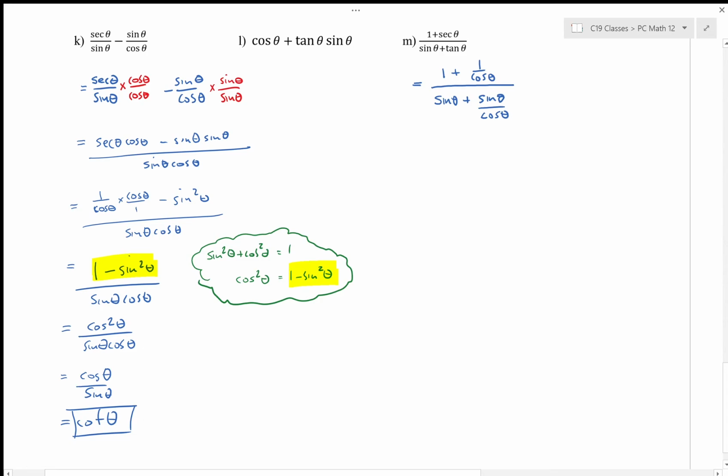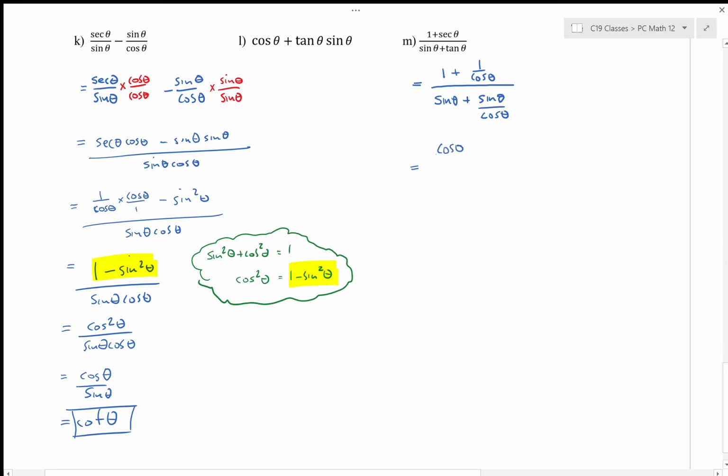Okay, so in the denominator, you can see that I need to put them both over cosine theta. So this is going to be, in the numerator, sorry, it's going to be both over cosine theta. So this is going to be cosine theta plus 1 over cosine theta. I better do that in 2 steps.